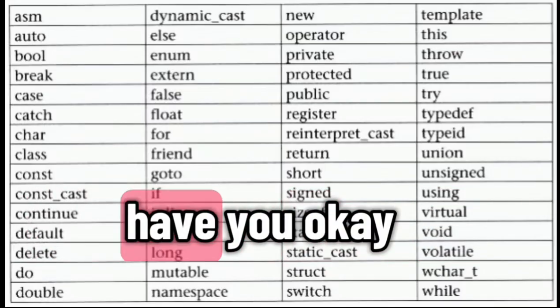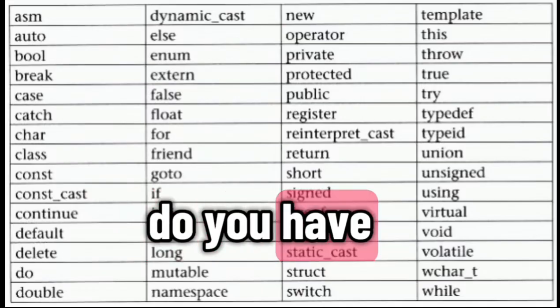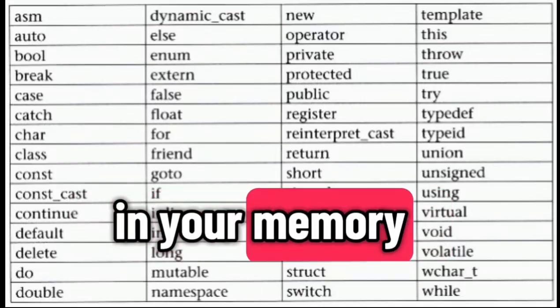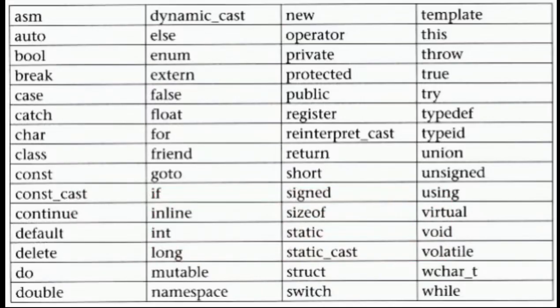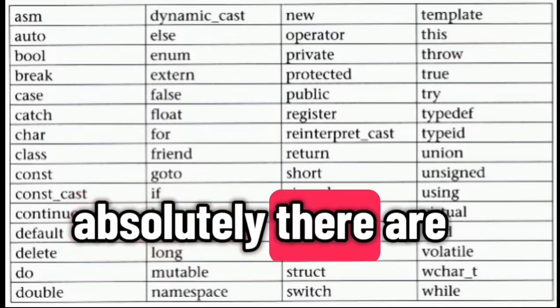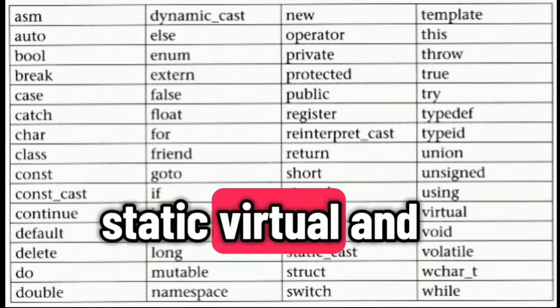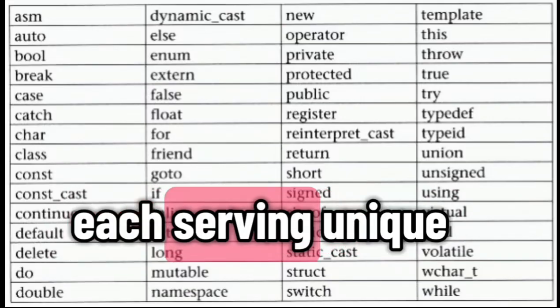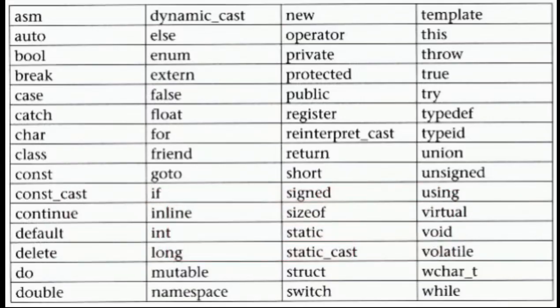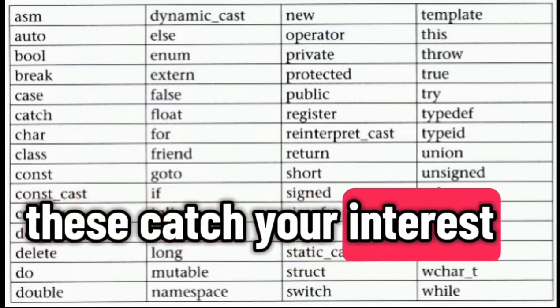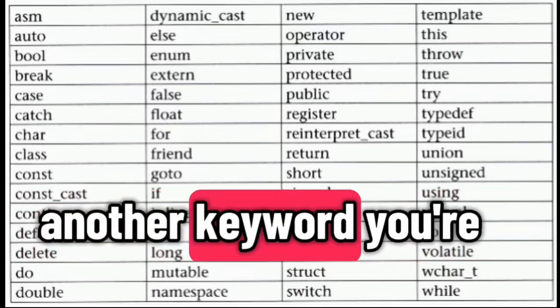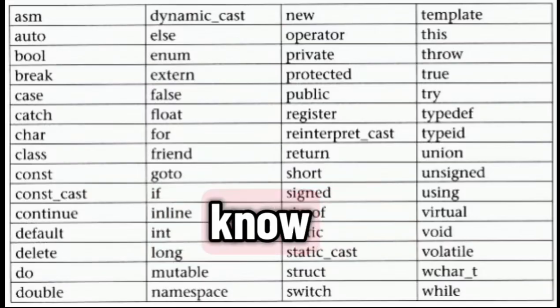Okay, do you have any other keywords in your memory? Absolutely. There are plenty more keywords in C++, like const, static, virtual, and volatile, each serving unique purposes. If any of these catch your interest, or if there's another keyword you're curious about, just let me know.